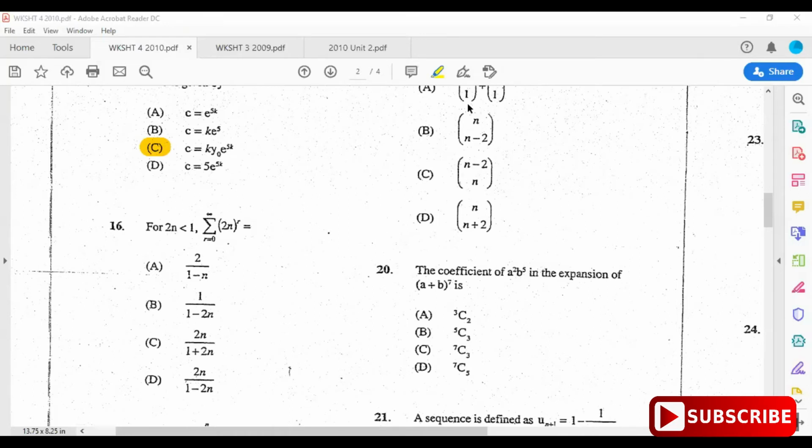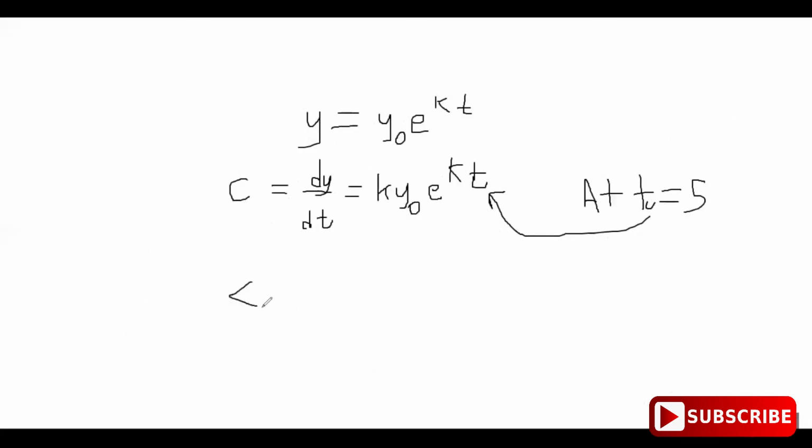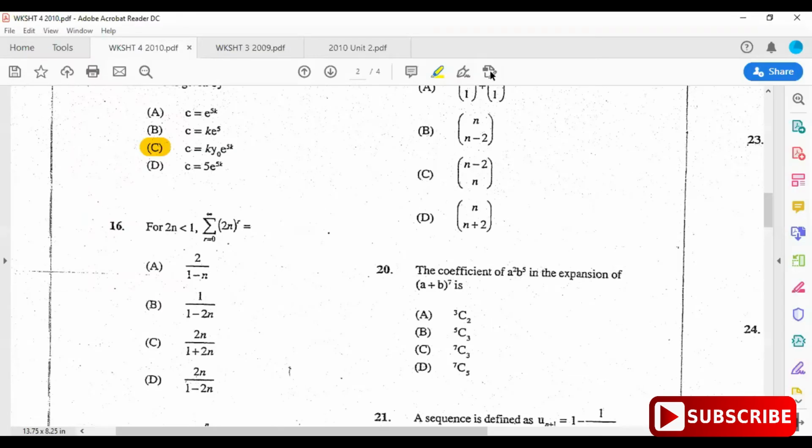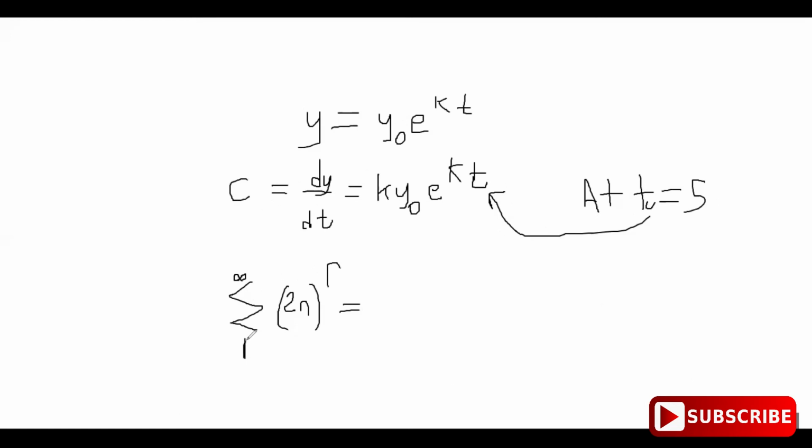And so what we need to do is list out these terms. So the sum from 1 to infinity, rather, of 2n to the r. Did they say from 1 or from 0? They said from 0.